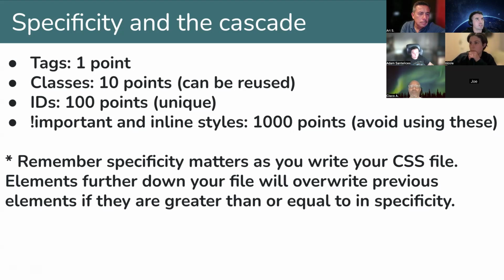That's going to be much easier to manage because as your application grows and your CSS files grow, it's going to be really hard to style one-off elements if you added a bunch of IDs. Because you're going to have to add multiple IDs to get more specificity points to override something, right?